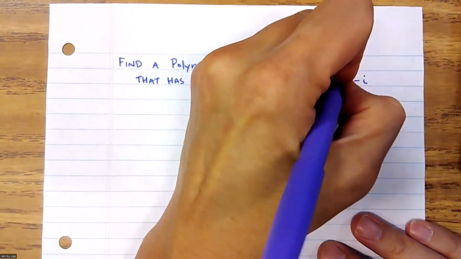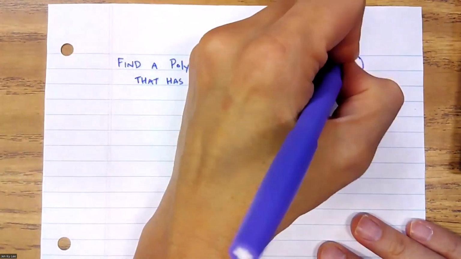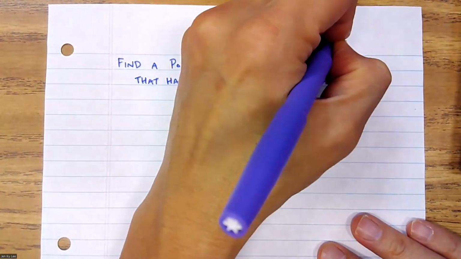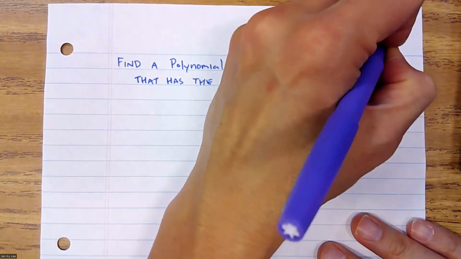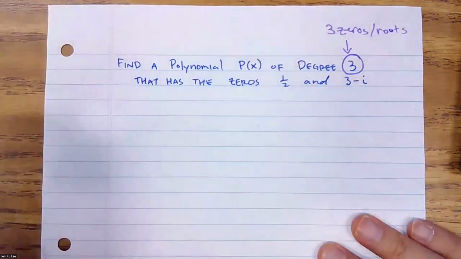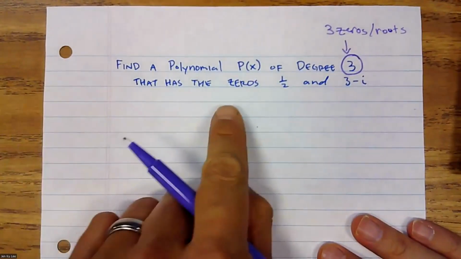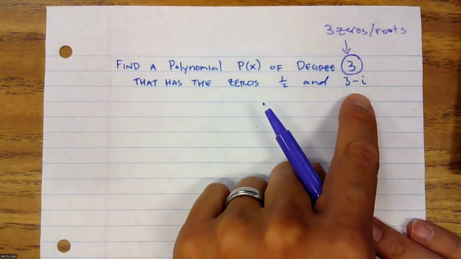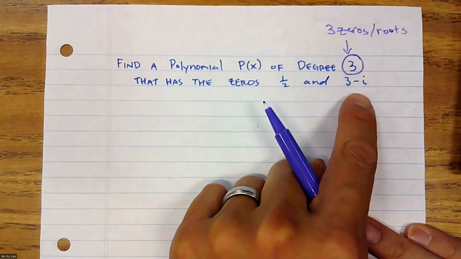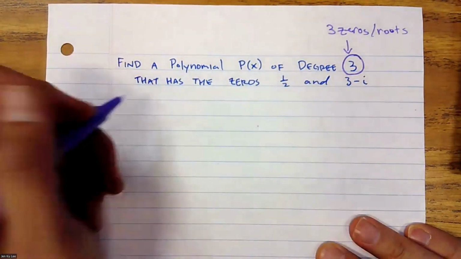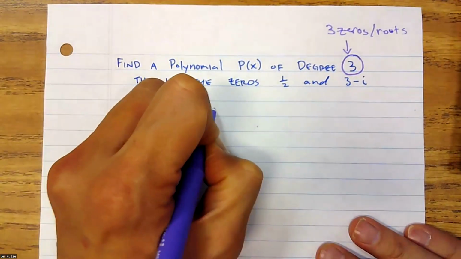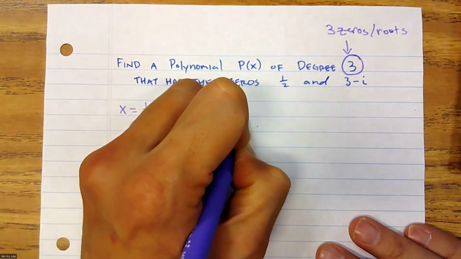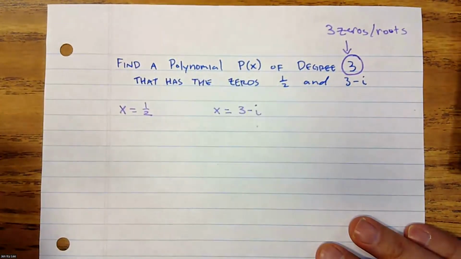So it has a degree of 3. So I know that I need 3 zeros or roots, right? And you're given two of them, 1/2 and 3 minus i. So I want to put x equals 1/2 and x equals 3 minus i.